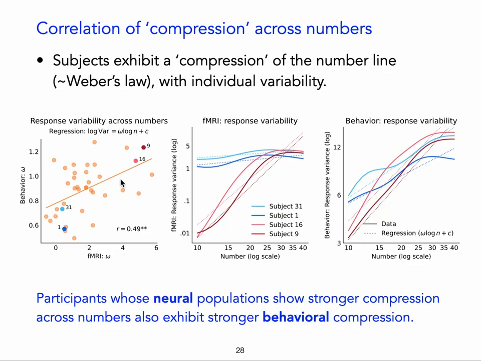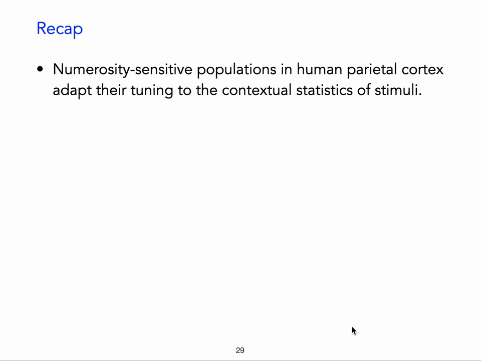And if we look at all the subjects, we find a significant correlation between those 2 measures of compression as measured with the fMRI data and as measured with the behavioral data. And so the participants whose neural population shows stronger compression across numbers also exhibit a stronger behavioral compression.